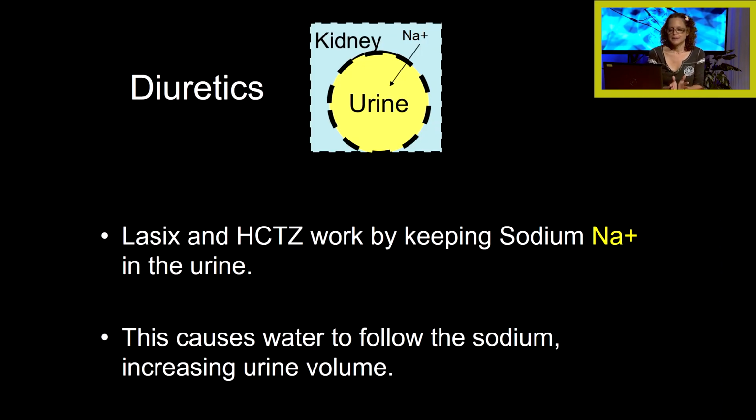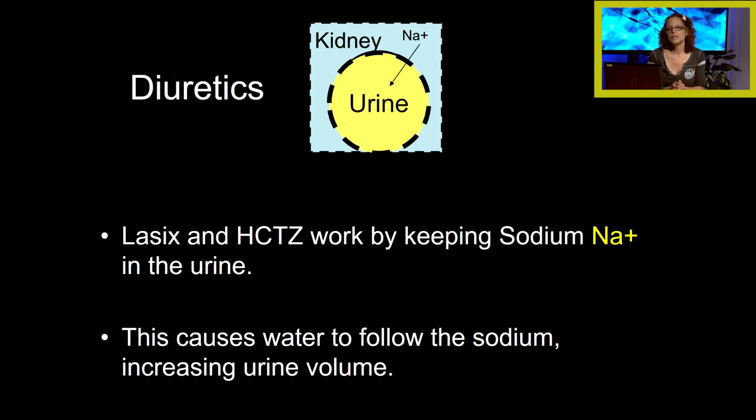So how about diuretics? Lasix and hydrochlorothiazide work by keeping sodium in the urine. And this causes water to follow the sodium, increasing the volume. And so here we can see our cell, we can see the kidney, and we can think about the semi-permeable membrane where the urine is now holding on to the sodium. And so this causes water to follow the sodium, increasing the volume of urine that gets excreted out of the body.